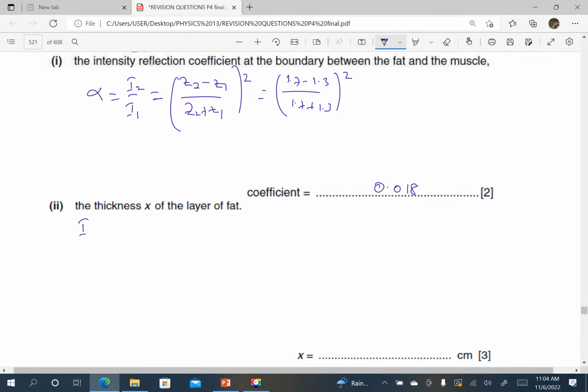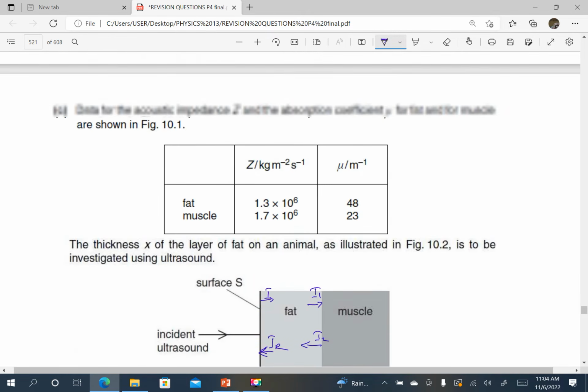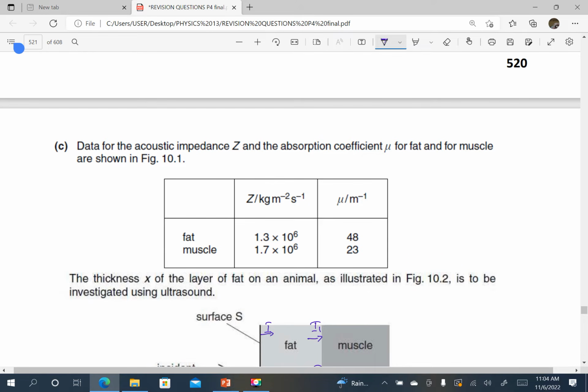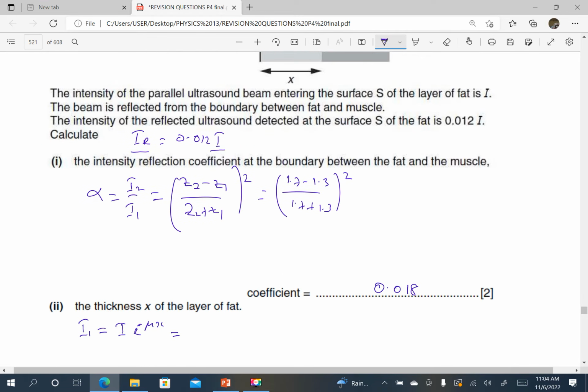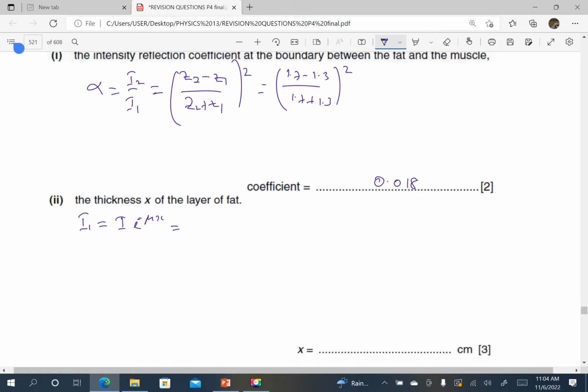So the intensity transmitted for the first time is going to be I e power negative mu x. And because they gave us mu through fat as 48, I will just record that as the first case.